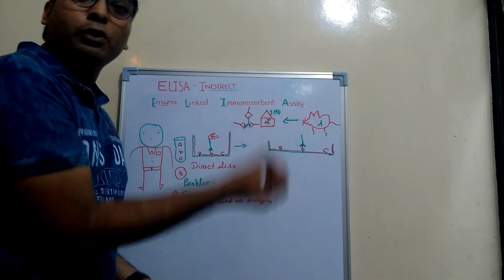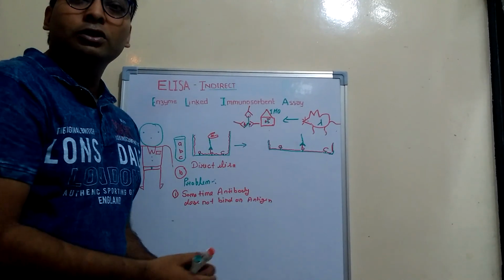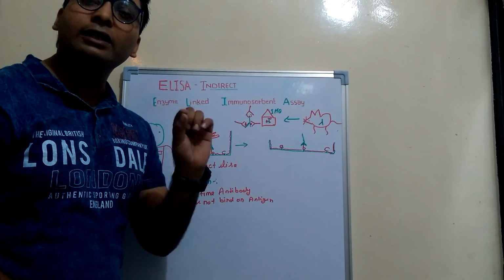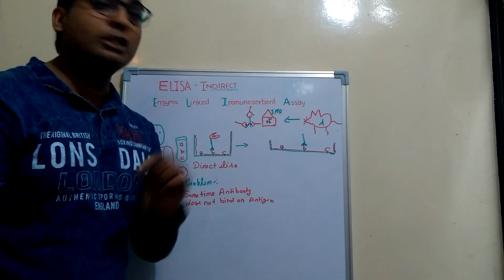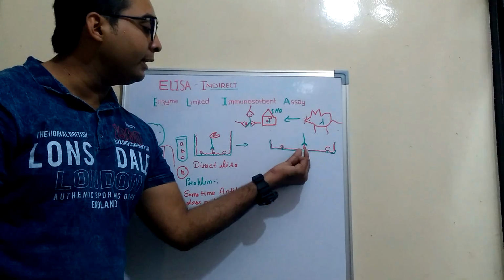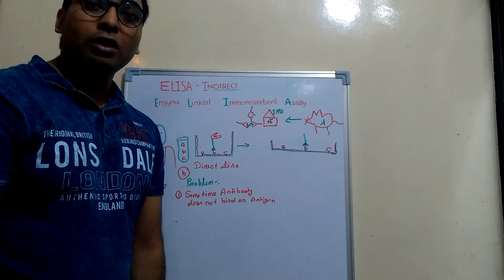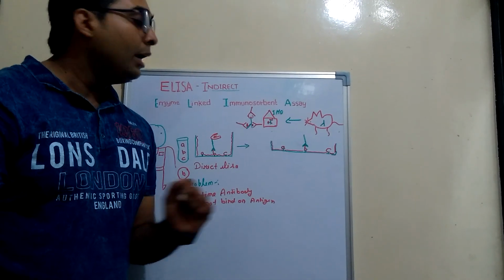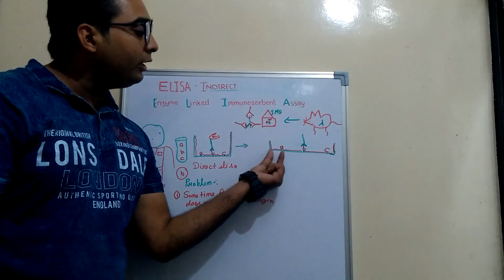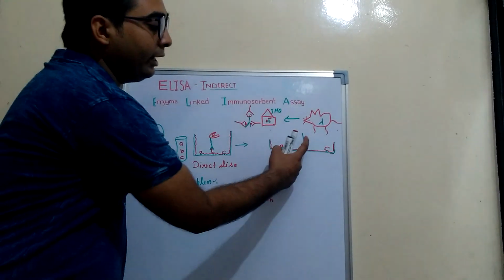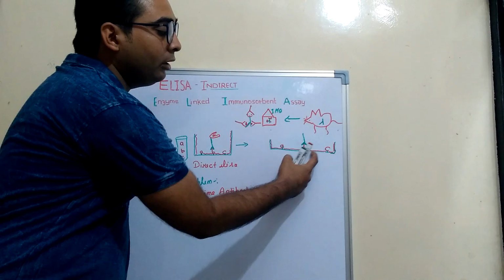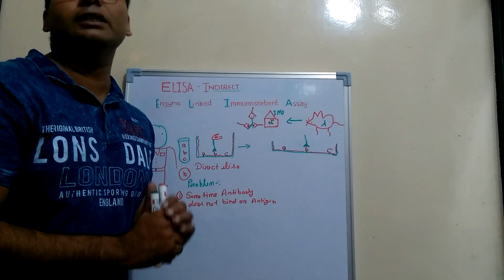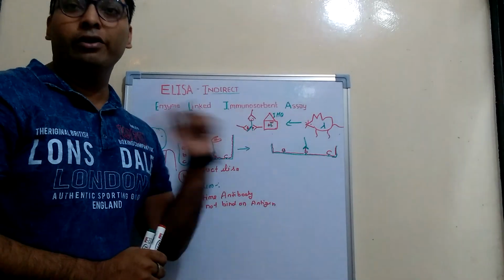And when you put the antibody, it will not bind on C, will not bind on A, it is specific, that's why it will bind on antigen B. It will not bind to antigen A or antigen C. It will bind only on antigen B. And if I do not use the blocking reagent, this antibody may go and bind the vacant area of the polystyrene plate. So to protect against that, we will use the blocking reagent.